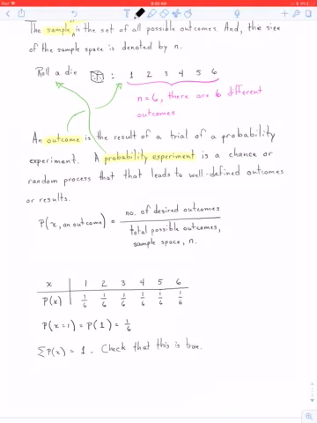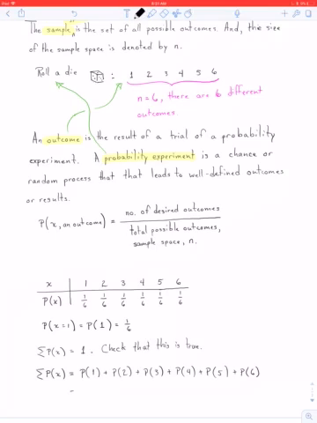Okay, so let's see the sum. I know this is fancy math notation, but it's just a faster way of, instead of writing the entire sentence, saying add up all the probabilities. I'm going to be really formal so we can just be exposed to it. The exposure helps. So all the probabilities: the probability of a 1 plus the probability of a 2 plus the probability of a 3 plus the probability of a 4 plus the probability of a 5 plus the probability of a 6.